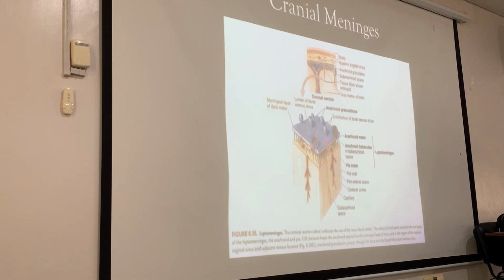So we can see the dura mater. The dura mater is in blue, and then arachnoid mater with trabeculae, and then we have the pia mater just on top of the brain. So again, dura, arachnoid, and then pia, from external going internal.